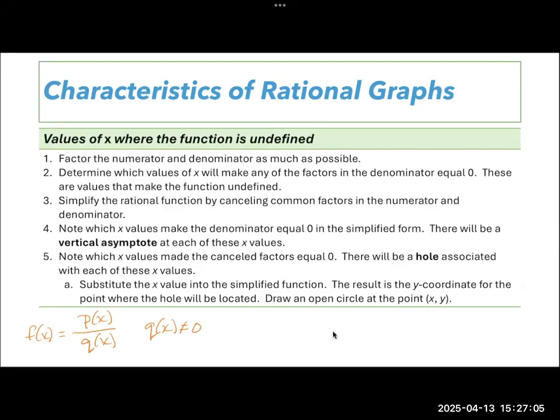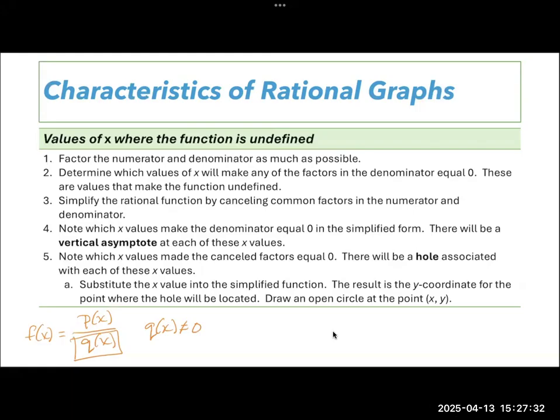And so we need to think about what is this polynomial and what are the x values that would make it equal to 0. And if there are any, that is one of the first things that we want to include in our graph. And the way we're going to include that is either with a vertical asymptote or with a hole.